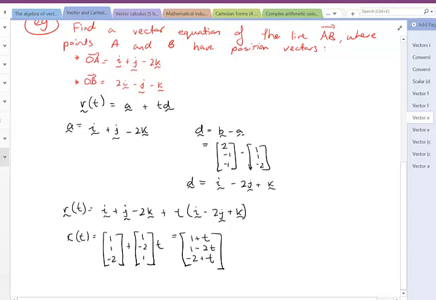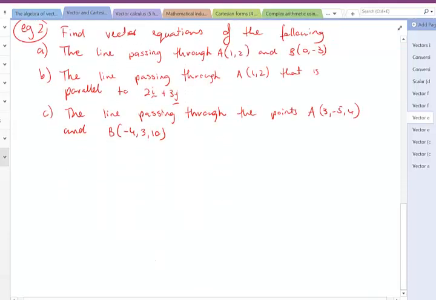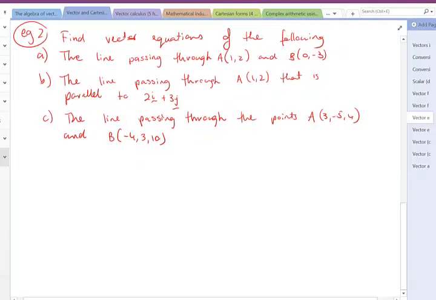Okay, so now we'll look at a second example. In our second example, we're just looking to find vector equations in the following scenarios. The first one, the line passing through A(1, 2) and B(0, -3). So we know this is in 2 dimensions. Again, what we need is the vector A, the initial, so that's going to be i plus 2j.